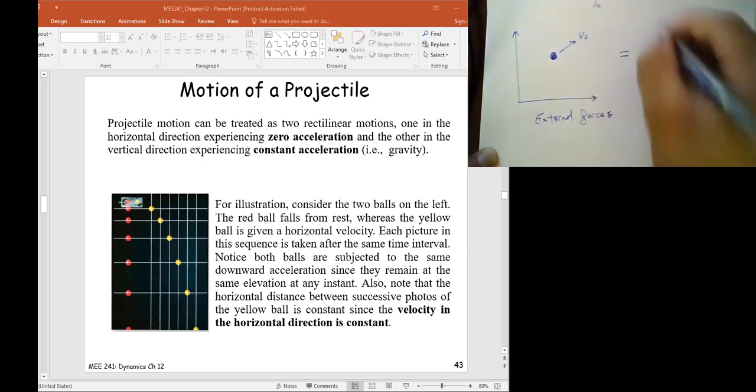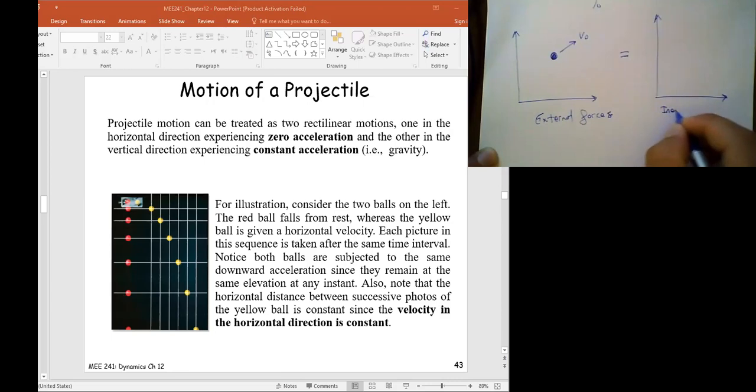That figure has to be equal to what we're going to call inertial forces. Basically, you're saying F is equal to MA. So we're going to use that figure to find the acceleration.